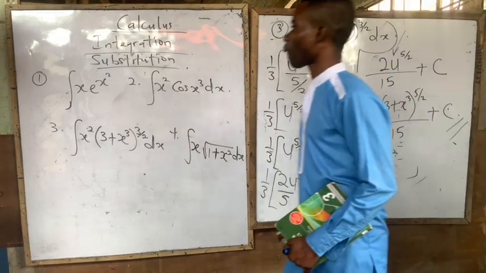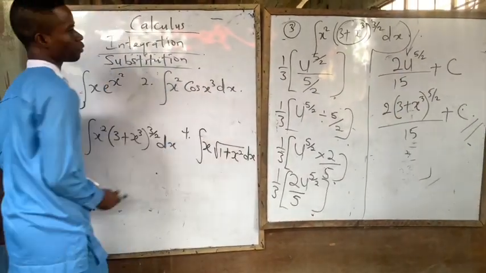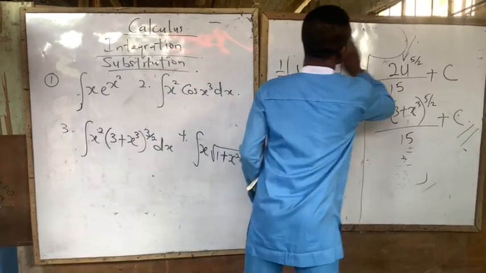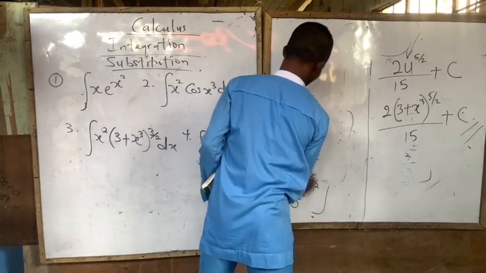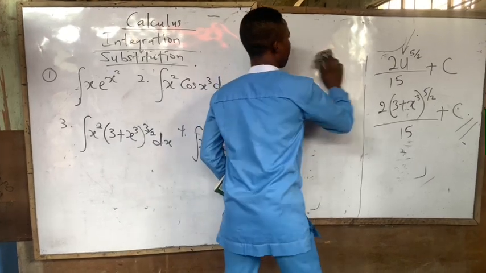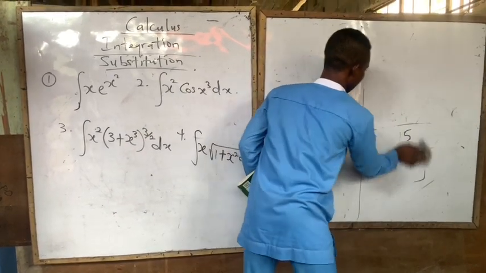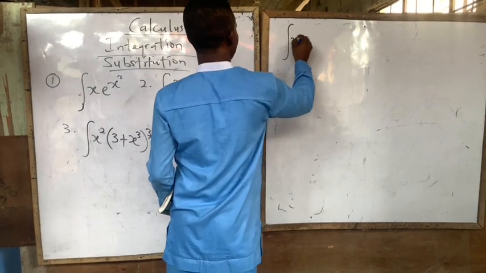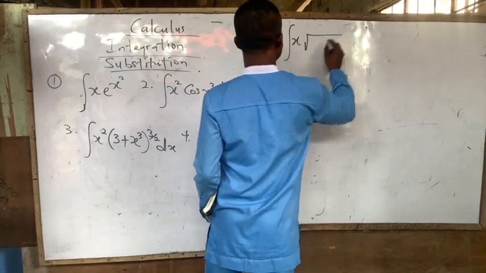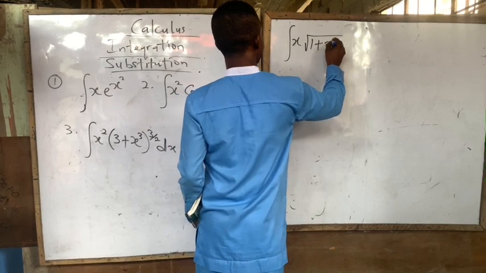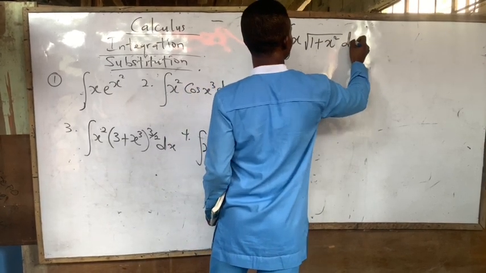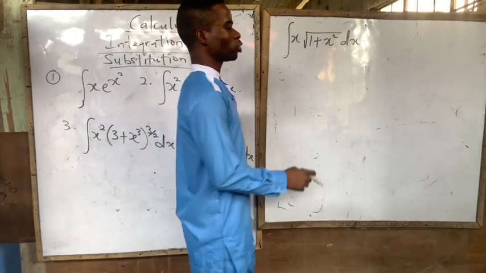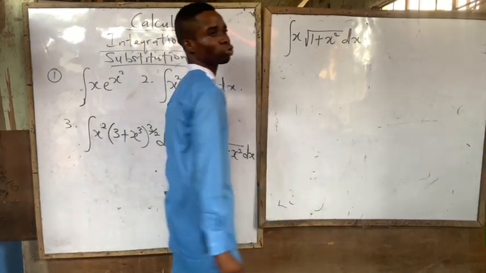Now lastly, number 4. We are having the integral of x root 1 plus x squared dx. So we're going to represent what is in the square root by u.